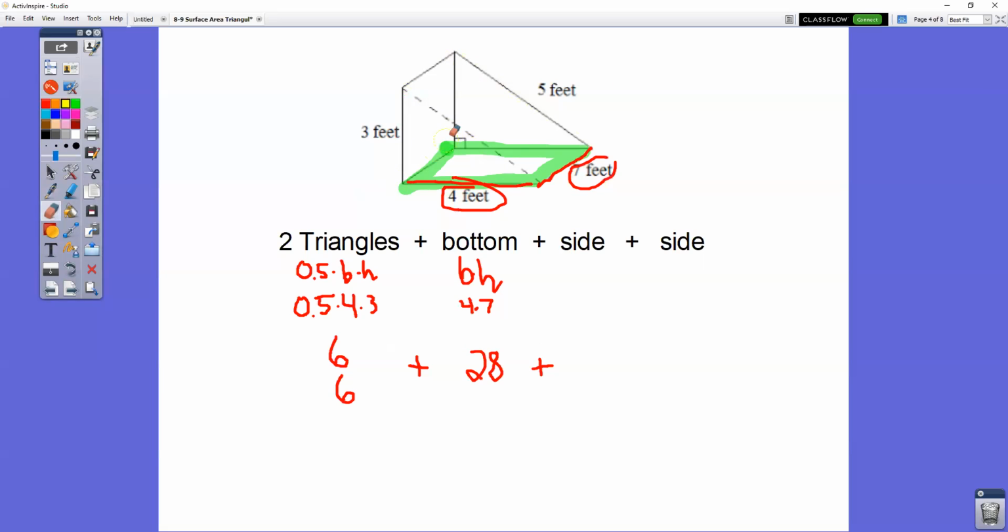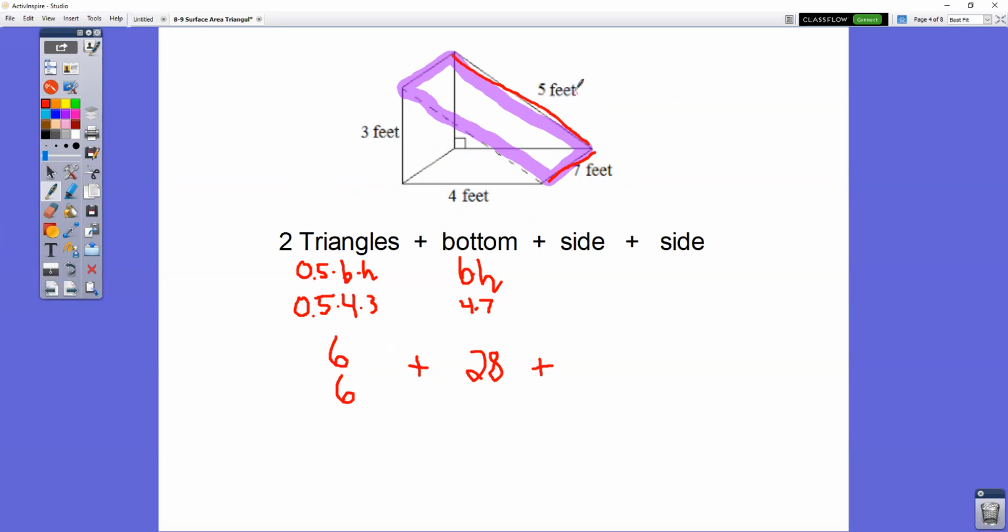Looking at the side, it doesn't matter which side you do first. But looking at the side, let's take a look at this rectangle right here. So taking a look at that purple rectangle, I see that this length is 7 and this length is 5.